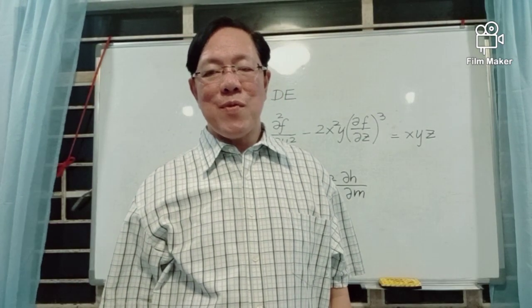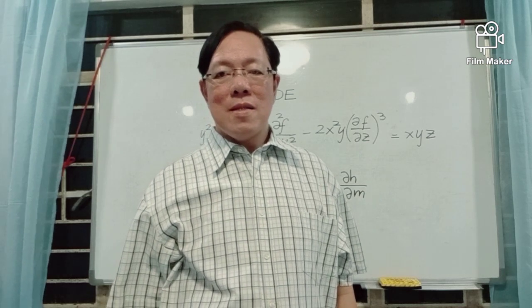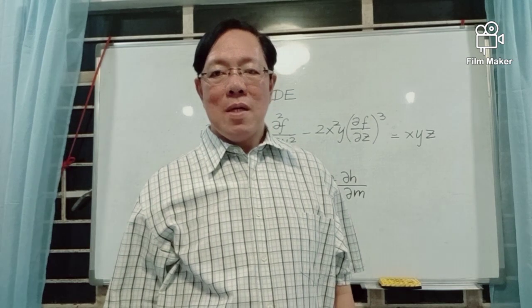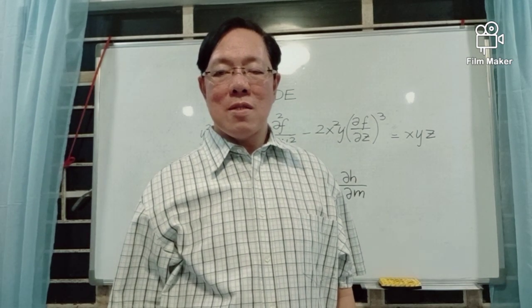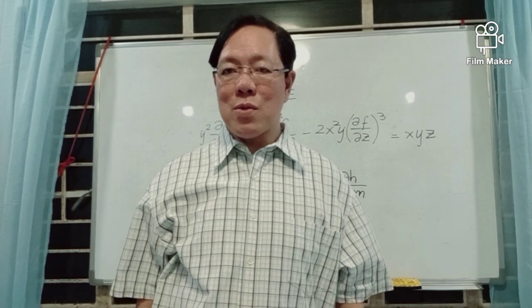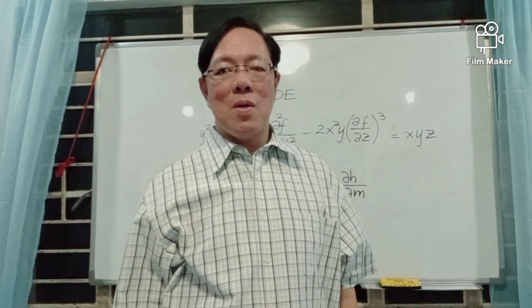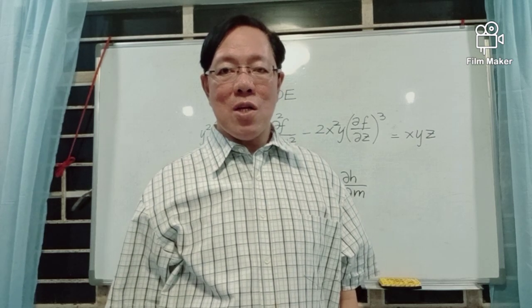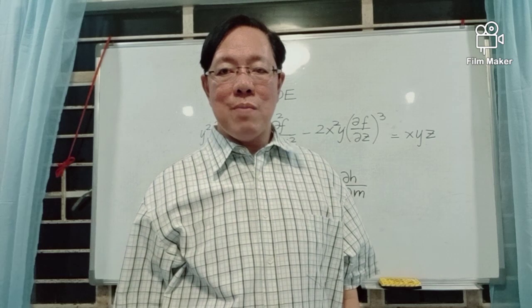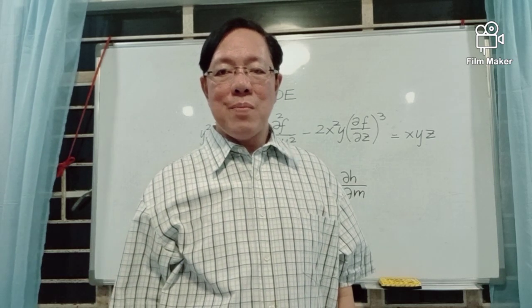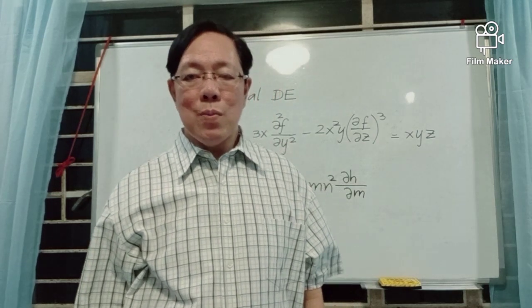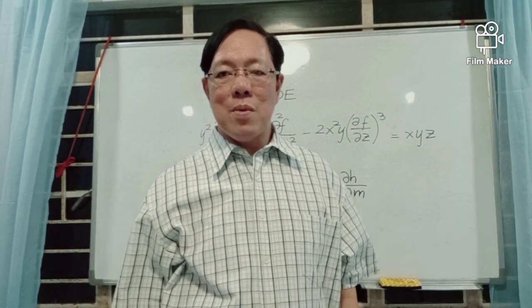In an ordinary differential equation, the equation contains ordinary derivatives. That means the equation contains the derivatives of the dependent variable with respect to only one independent variable. While in a partial differential equation, the equation contains the partial derivatives of the dependent variable with respect to more than one independent variable.